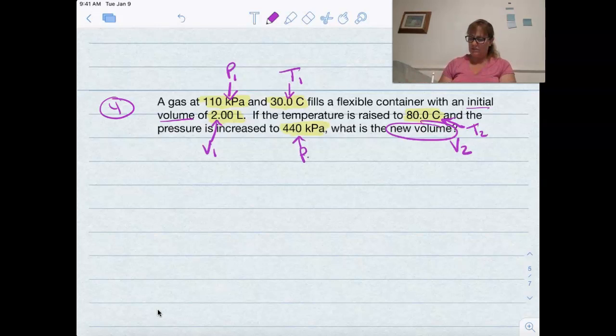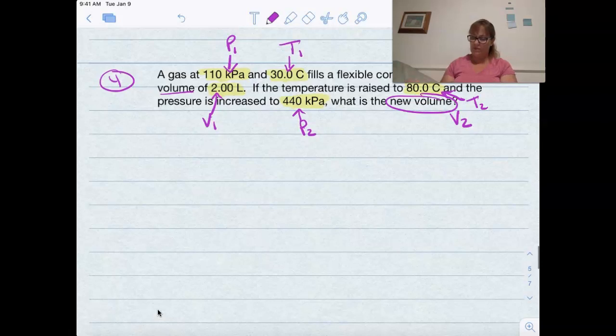So this is our P2. What is your new volume? So really mark up these questions. It helps you find it a lot easier. Notice we have all 3 variables referenced. That means nothing was kept constant. So we're using the combined gas law all the way through, just like we've been doing up to this point.